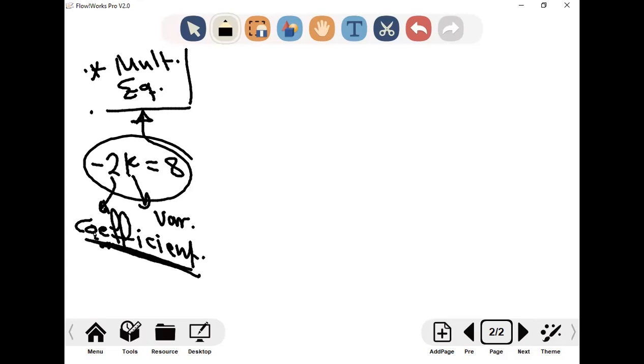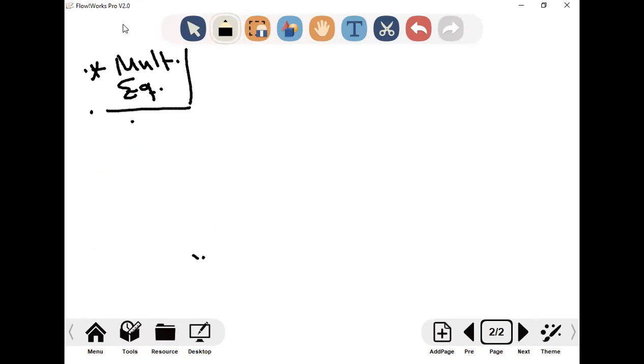Now, how do we solve the multiplication equation? We divide both sides of the equation by the coefficient of the variable. I will write it as a note for you.